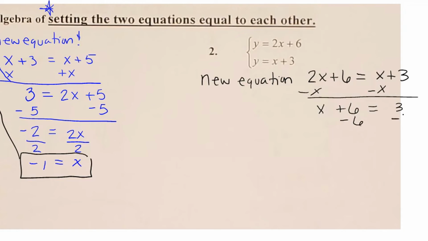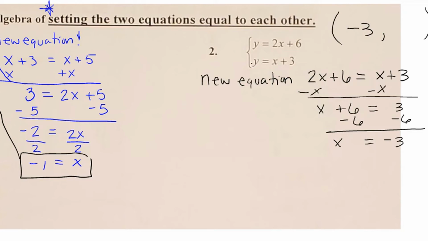Subtract 6 on both sides. And we have that x is equal to negative 3. Remember, that's only part of our answer. We need to now solve for the y coordinate.